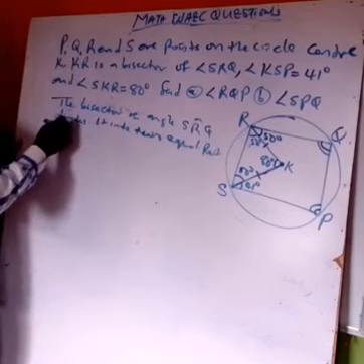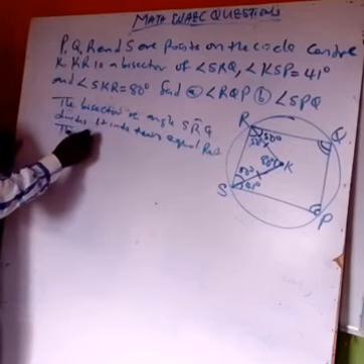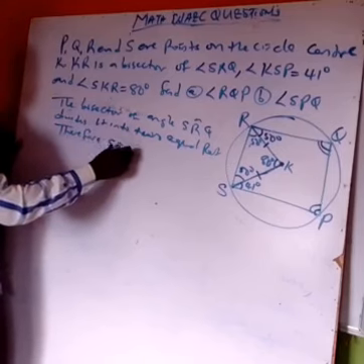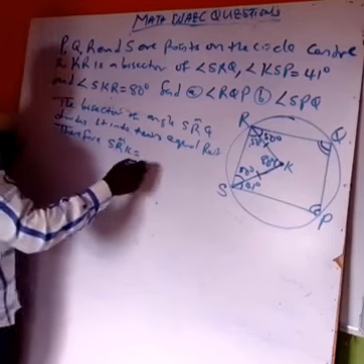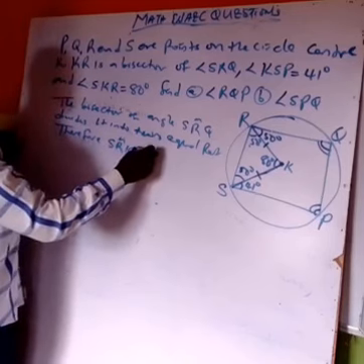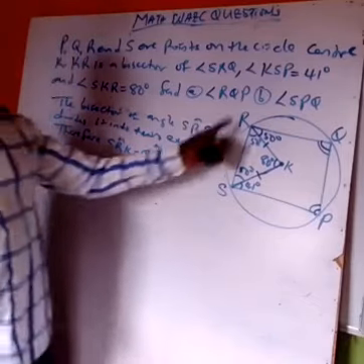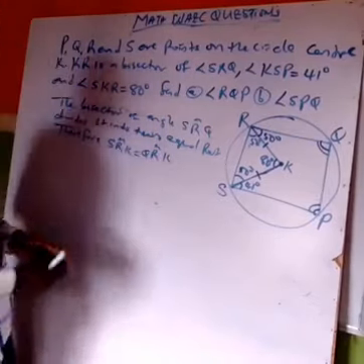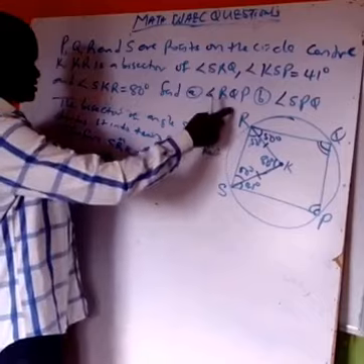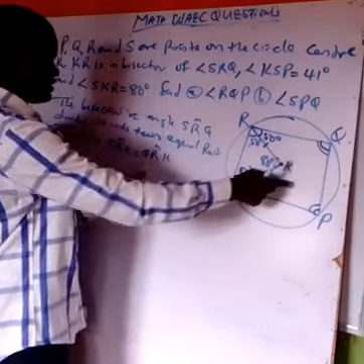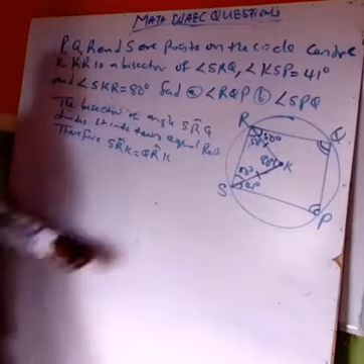Therefore, angle XRK is equal to angle QRK. Since it's divided into two equal parts, angle SRK equals angle QRK. So 50-50.